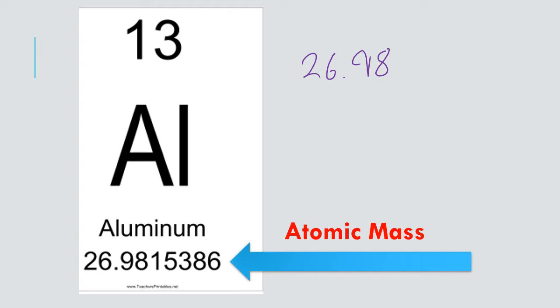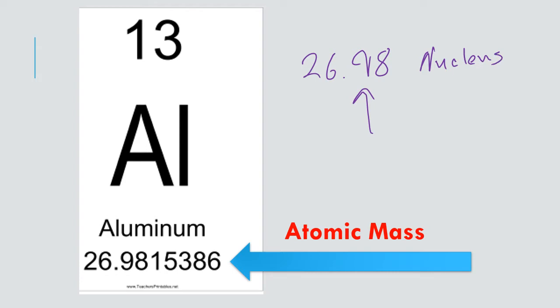Now, when we discussed that, we talked about how electrons have basically no mass. And it's sometimes a common misconception that this 0.98 represents the electrons, and that's not true. So the atomic mass is only looking at the nucleus.